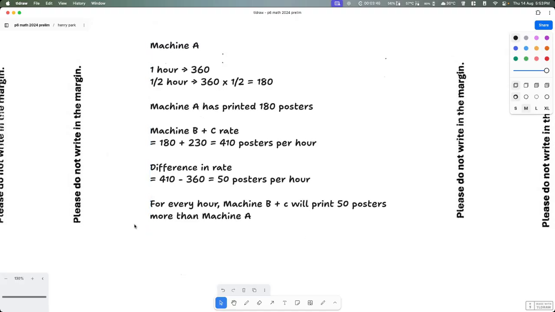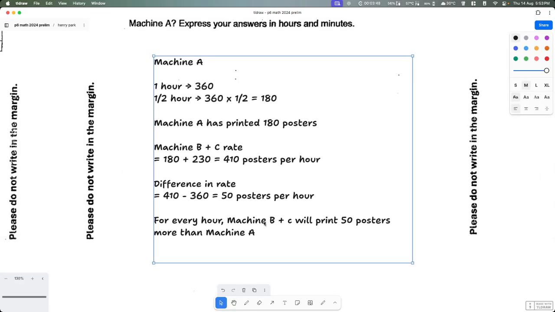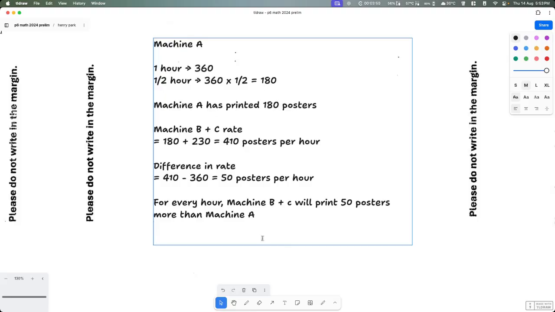So how long will they need to print the 180 extra posters?